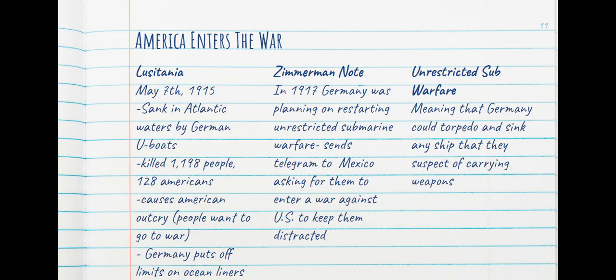Mexico is promised in return territories like Arizona, New Mexico, and Texas. This Zimmerman note is intercepted by Britain because the German telegram lines have to go through Britain to get to Mexico. They send it to the United States, and the United States is enraged.